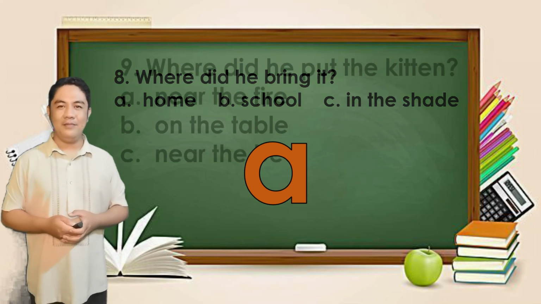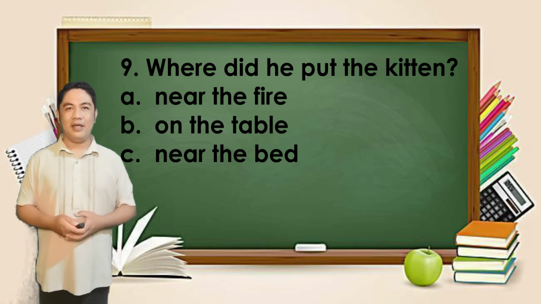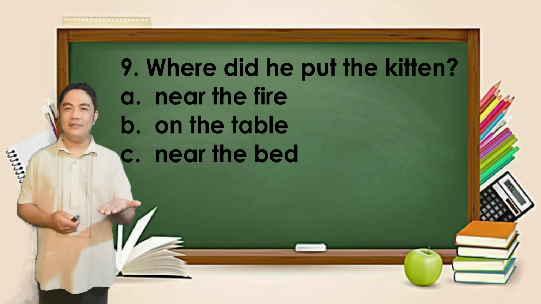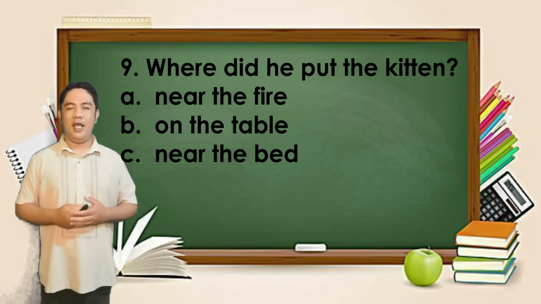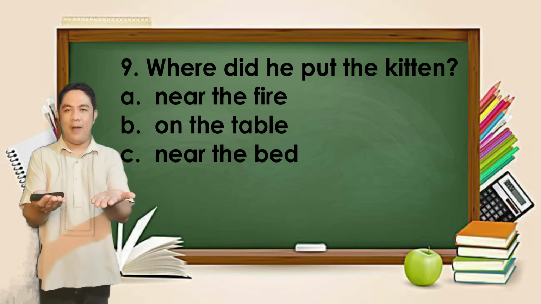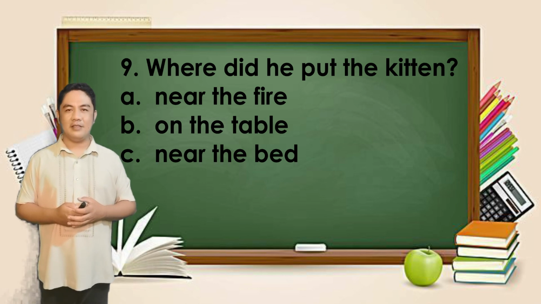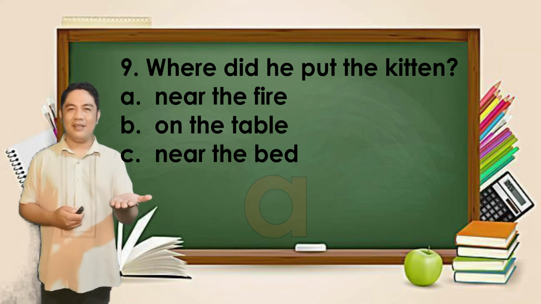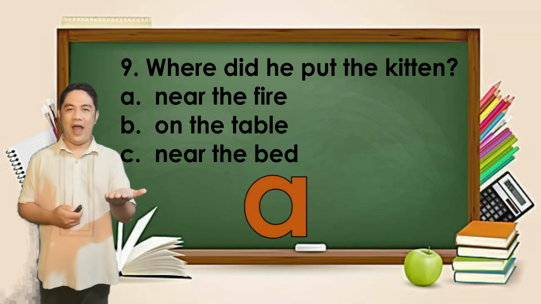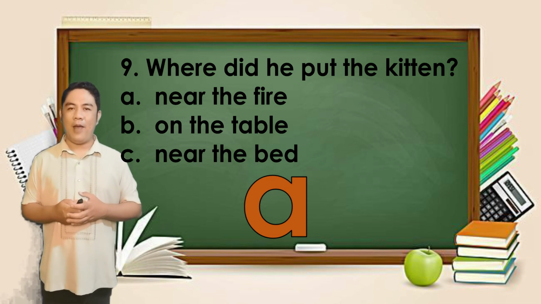Next, for number 9, where did he put the kitten? A. Near the fire. B. On the table. C. Near the bed. What is the right answer for this? The right answer for number 9 is letter A. Near the fire. Juan did this to the cat because the cat is trembling.